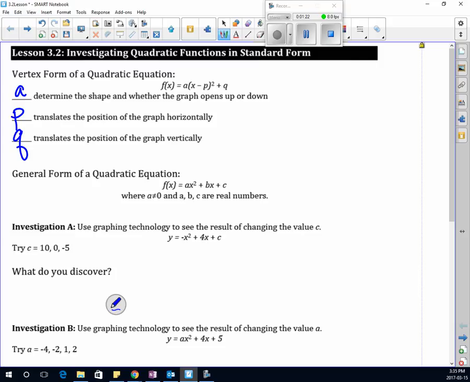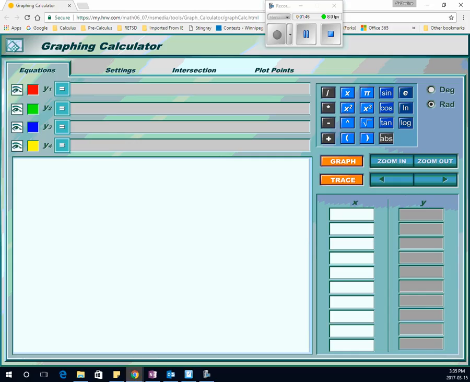So we're going to use graphing technology to see the results of changing the value of c. So we have this equation negative x squared plus 4x plus c, and we're going to change the value of c so it's 10, 0, and negative 5. If you don't have a graphing calculator, you can use the graphing website that I have above.